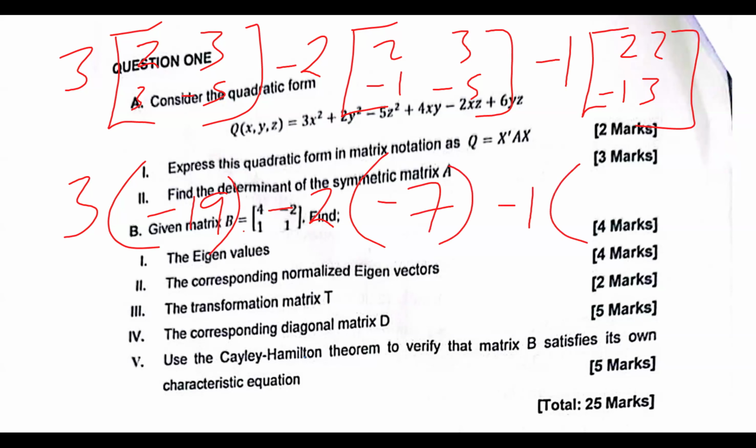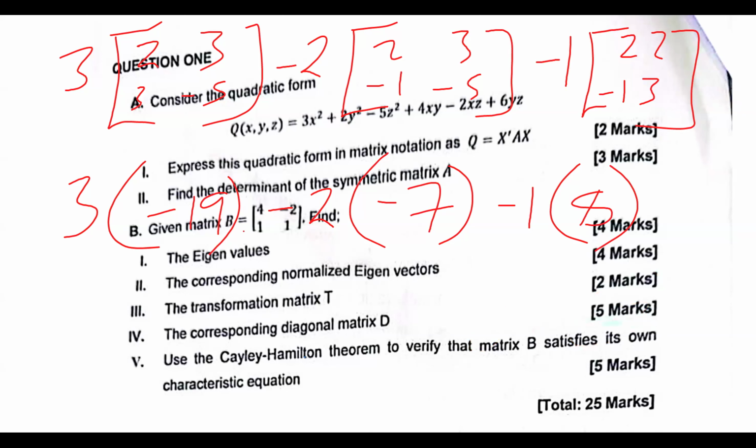-1, 6. 2 times 3 is 6, minus -2. That would be -8, yeah? +8, to be positive, isn't it? 2 times 3 is 6. 6, yes. -3, -2.